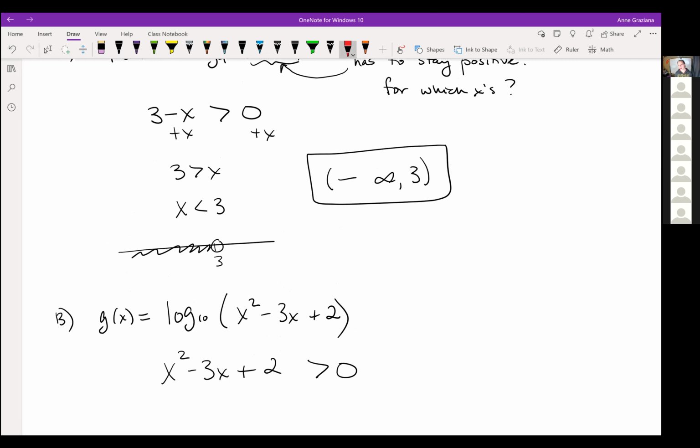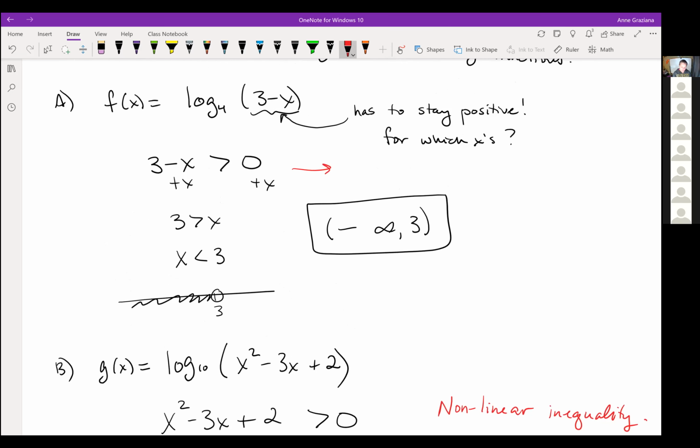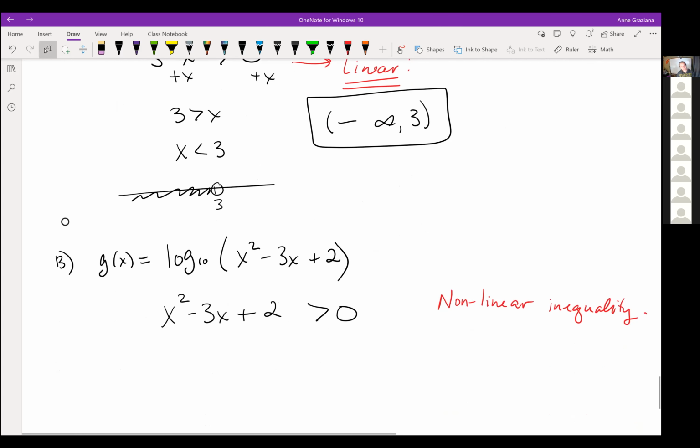What type of inequality is this? It's a quadratic, which means it is non-linear. This one was linear, so we could just isolate x and get the answer. But if we have a nonlinear one, then what is the method that we have to follow?